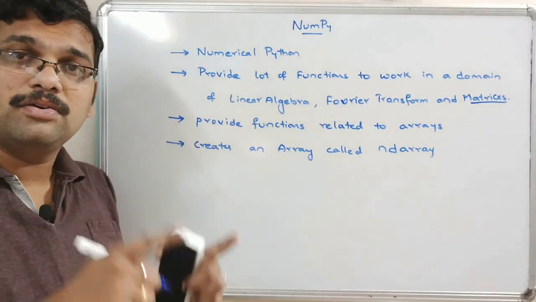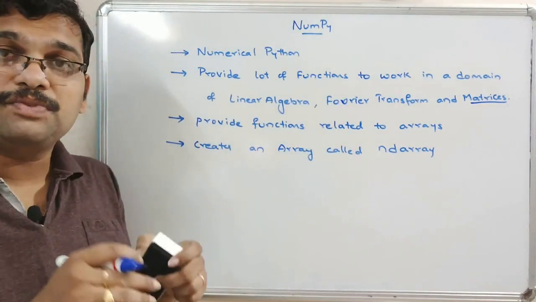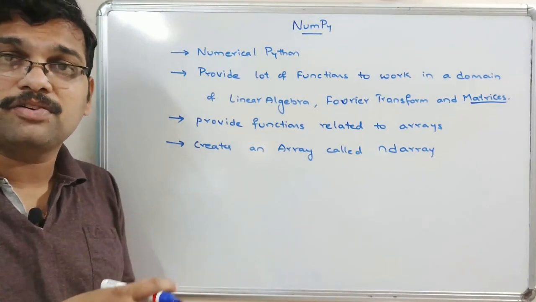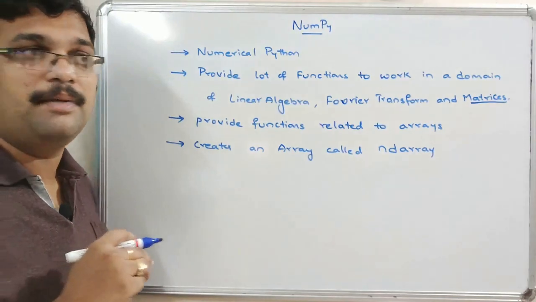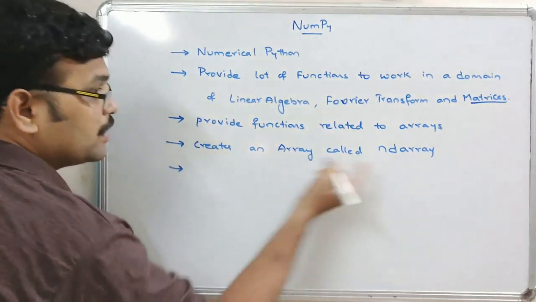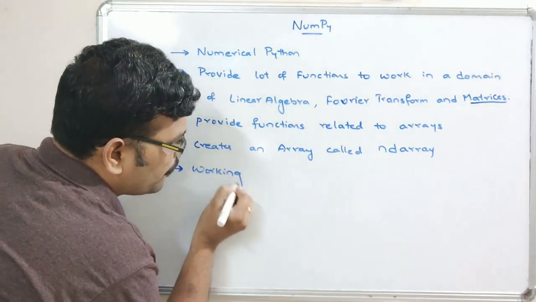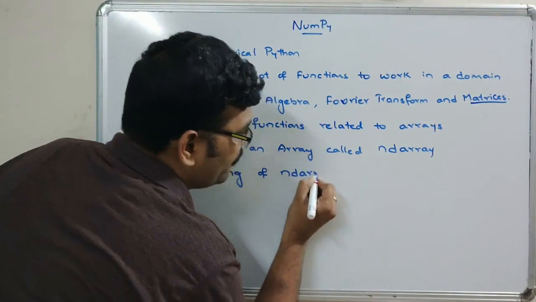It also creates an array, that is ND array, which works faster than the list. In the previous concepts, in the basics of Python, we have already covered the list concept. The working of arrays, here we call it ND array, okay?